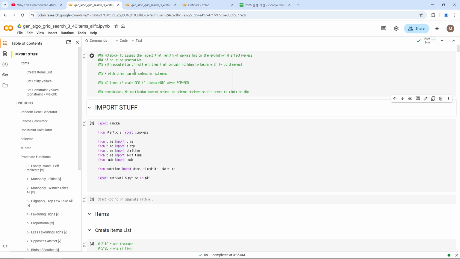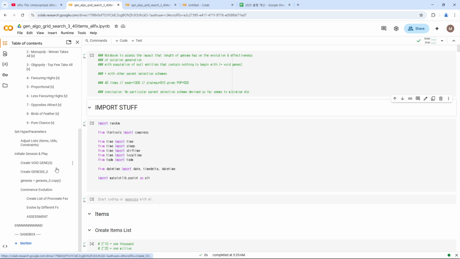This notebook deals with 40 items, and usually the peak is at around 1000, and the population was set to 500 entities. Was it 500? I don't think it's 500.